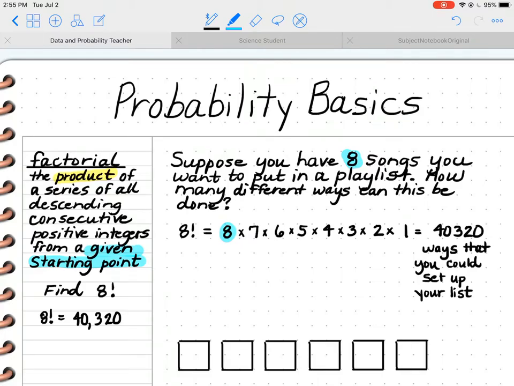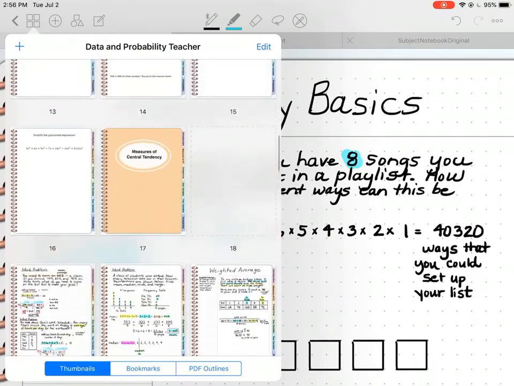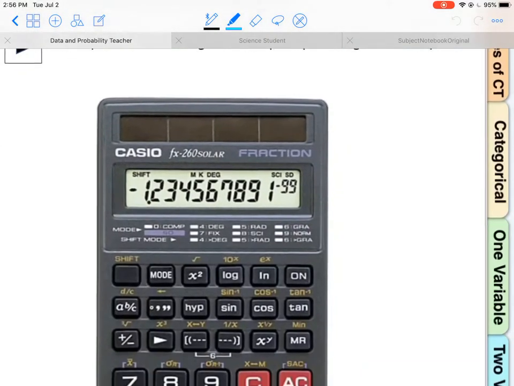Now, you can do this on your calculator, and I'm going to show you the steps to do that. The first thing that you're going to have to do is realize where this factorial key is on your calculator. And it's actually above the digit 3. Here's a picture of your calculator.